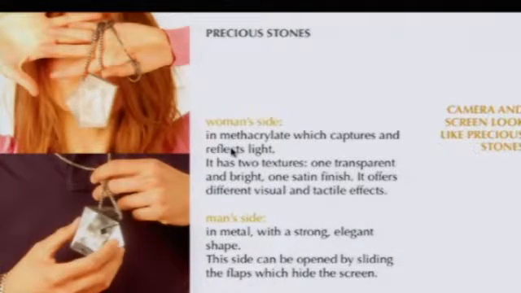We designed a unisex jewelry. And the woman's side is made of metacrylate, which is transparent and has the property to capture and reflect light. While the men's side is made in metal, and the screen, which is hidden by two sliding flaps, seems a little stone, like the camera, which is on the other side.